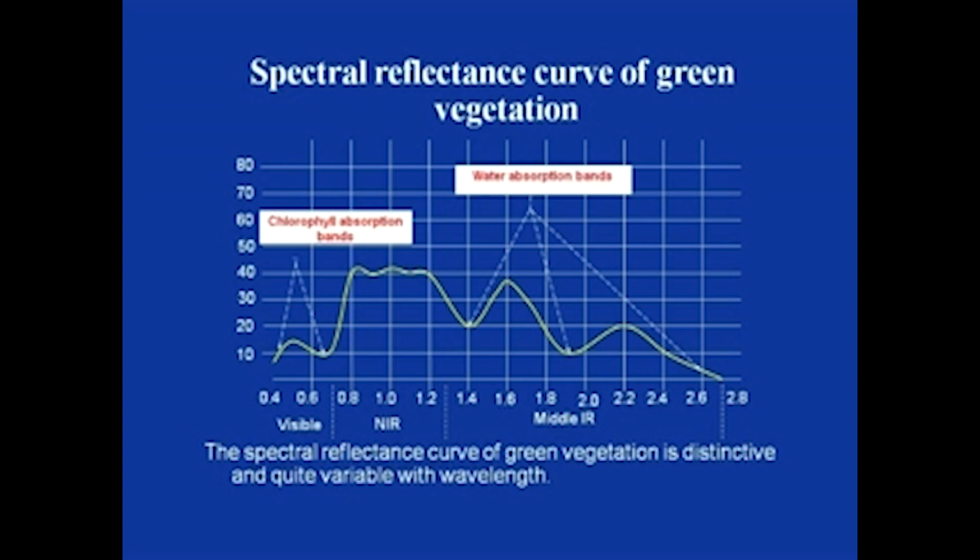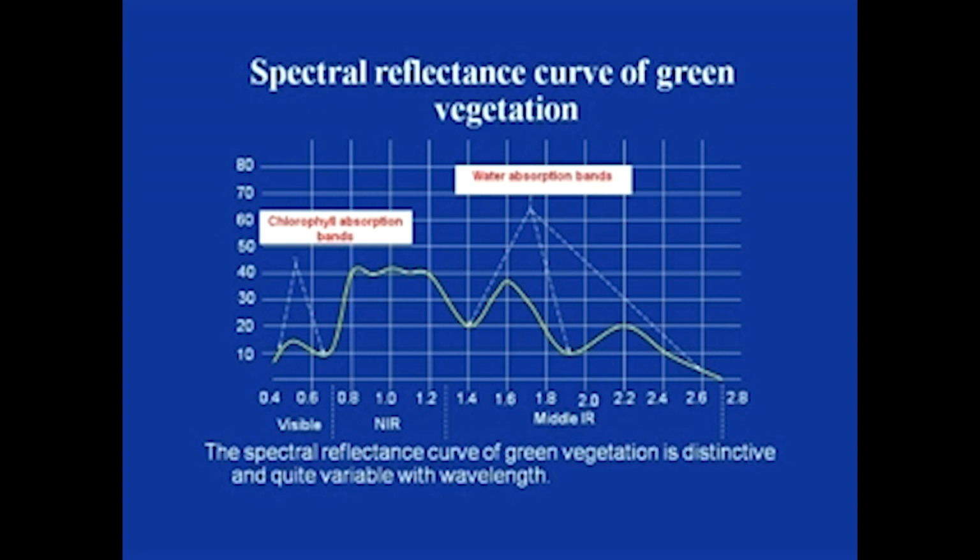Within the visible region, the reflectance is of a very low order, ranging between 10 to 15%, but as we move into the near infrared, the reflectance properties change drastically and this rises to the order of about 40 to 42%.